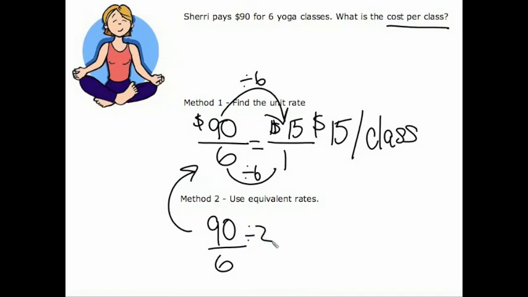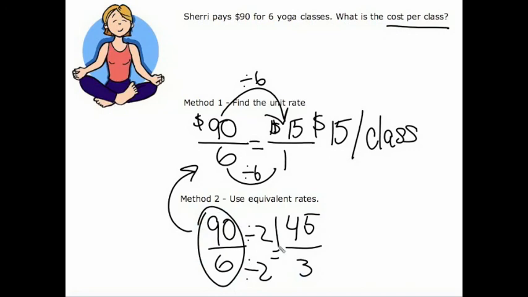So I notice they're both even, so I'm going to divide by 2, top and bottom. 90 divided by 2 equals 45. 6 divided by 2 equals 3. So right now, 90 to 6 and 45 to 3, those are equivalent rates.